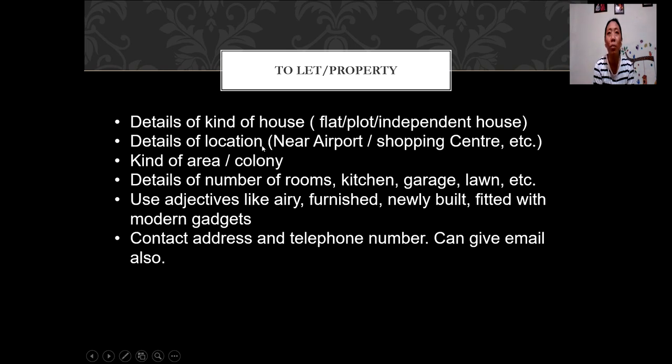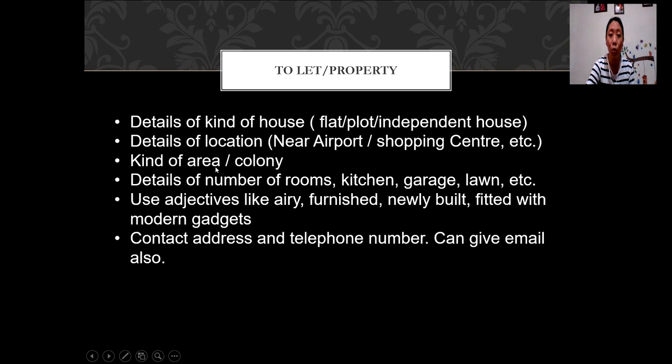Suppose a businessman is on the lookout for a house for rent, he would probably be interested, because if he has to travel to many different places, he would prefer such a location because it is near the airport. All right. So these are very important things that you need to keep in mind when you are writing about the location of the house. And the third one, kind of area or colony.